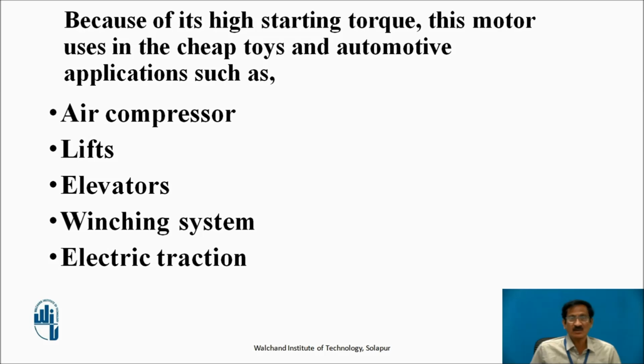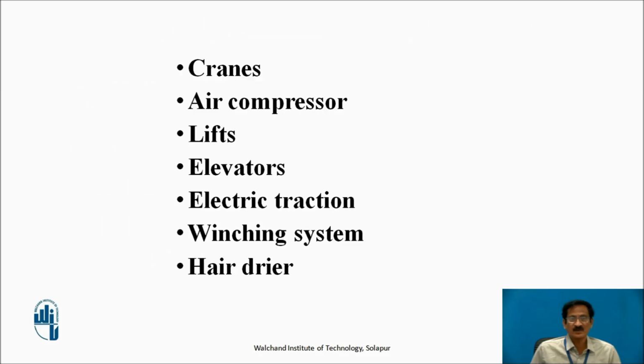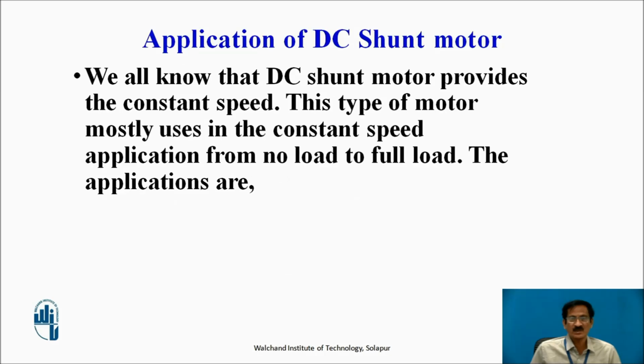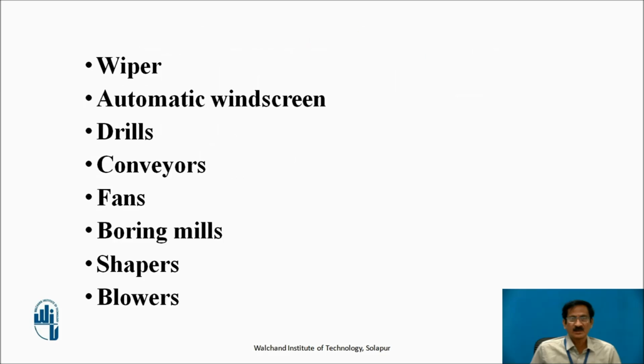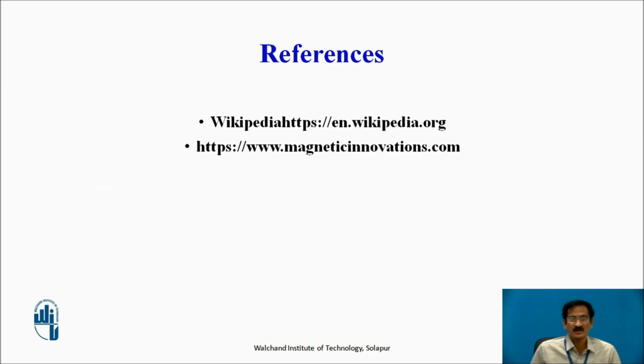Because of its high starting torque, this motor is used in toys and automotive applications such as air compressors, lifts, elevators, winching systems and electric traction. Other applications are cranes, hair dryers and so on. These are the applications of the DC shunt motor: wipers, automatic windscreens, drills, conveyors, fans and boring machines.